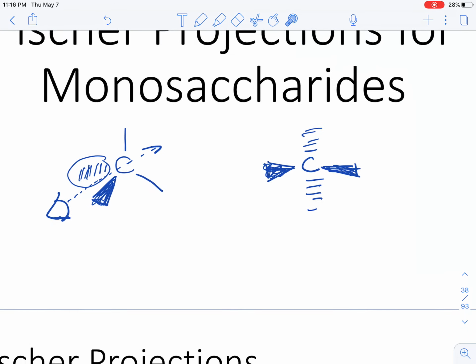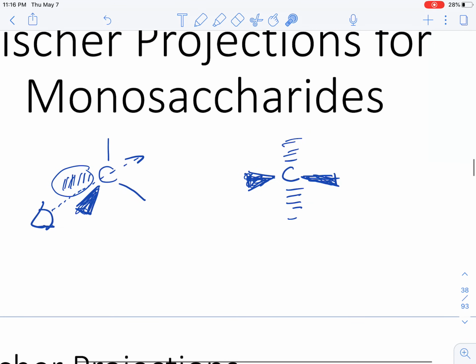Anyways, the idea is that everything that is a dashed line for the Fischer projection is going to be represented as a vertical line. So vertical lines in the Fischer projection represent the bonds that are going behind the plane of the carbon.